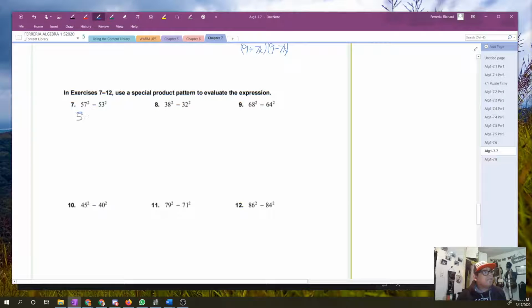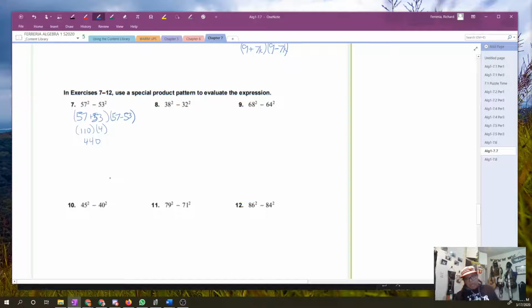So that's 57 plus 53, and then 57 minus 53. Maybe you're not that fast adding it, but 57 plus 53, that's 110. And then 57 minus 53, that's 4. And that's easy to multiply, that's 440.